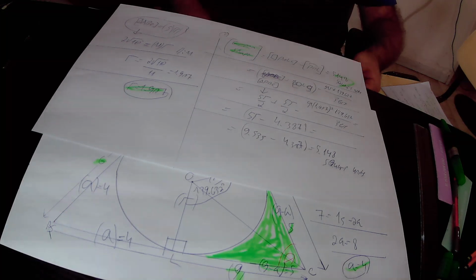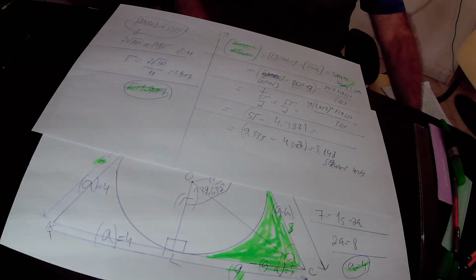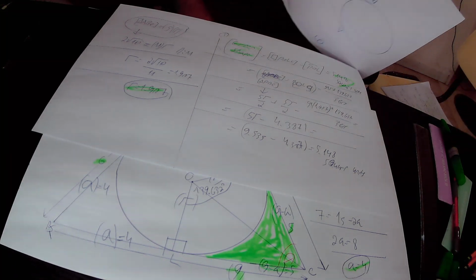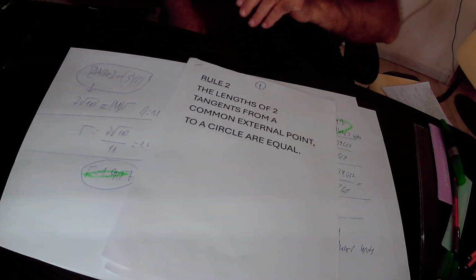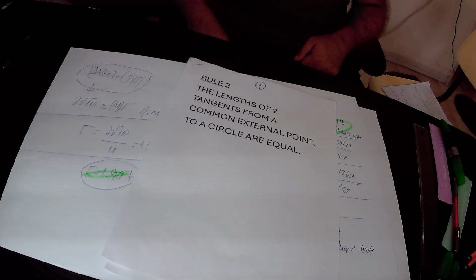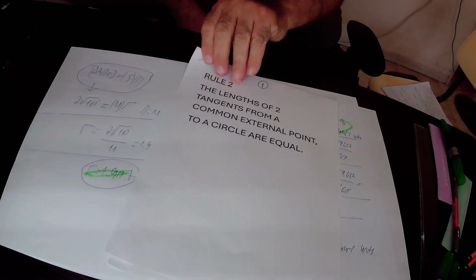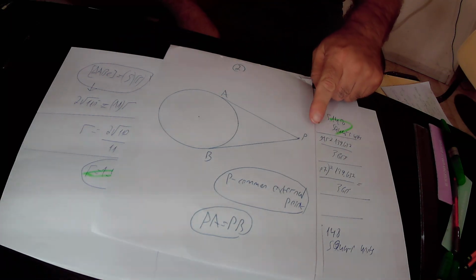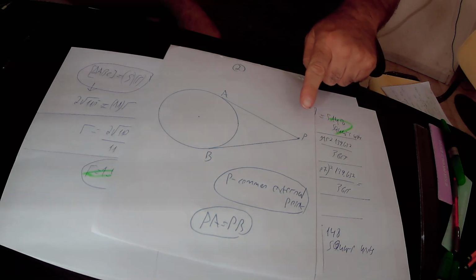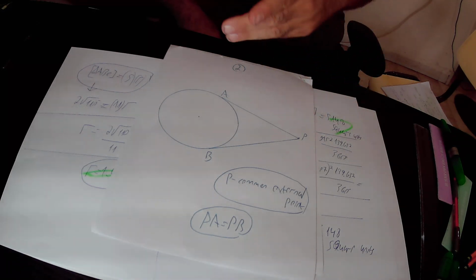In the next step, we implement this in our drawing. According to the rule, the lengths of two tangents from a common external point to a circle are equal. So in the drawing of a circle, this is the common external point P. From point P, we have two tangents to this circle, tangent PA and tangent PB.